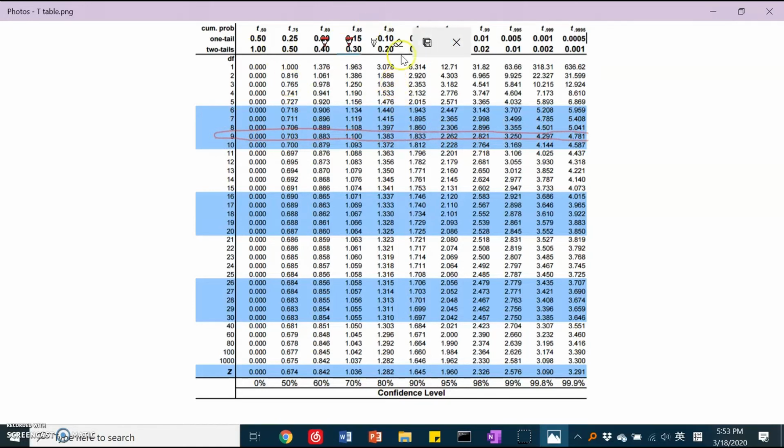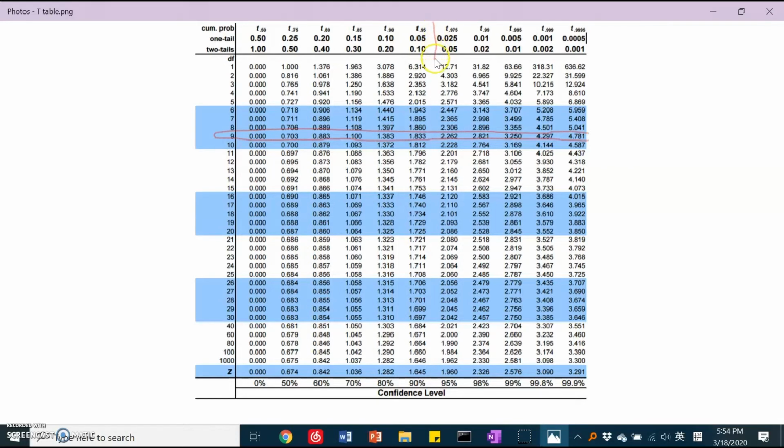And like I said earlier, the t-table is a little different from the z-table. The t-table gives us the critical cutoff p-value, the probability value, and then we find the critical t-value given a particular p-value. We are using a two-tailed test with a significance level of 0.05.